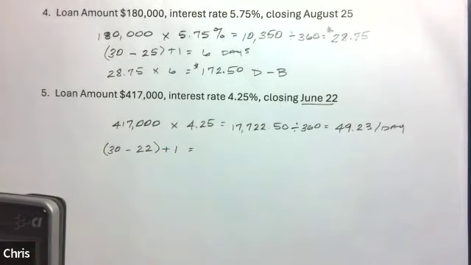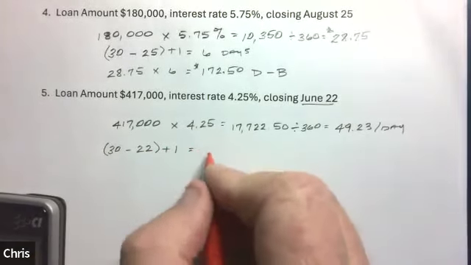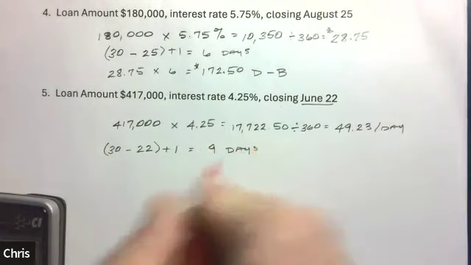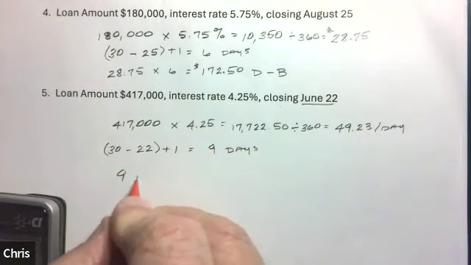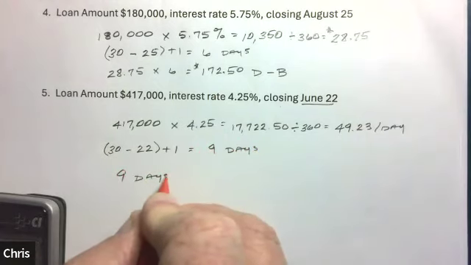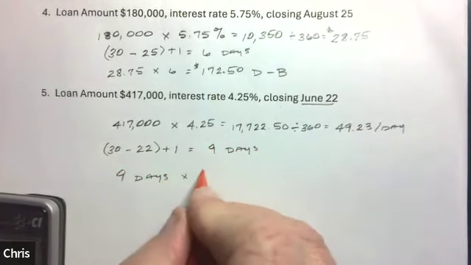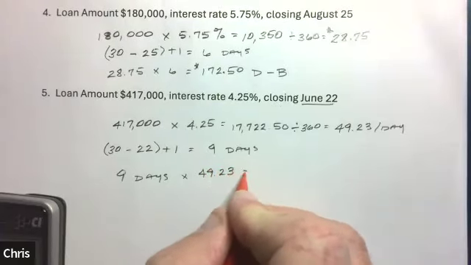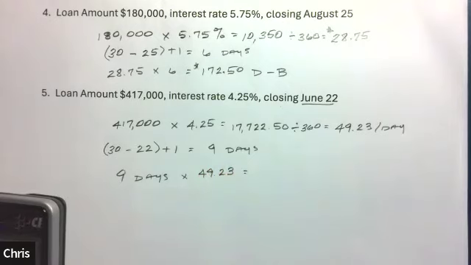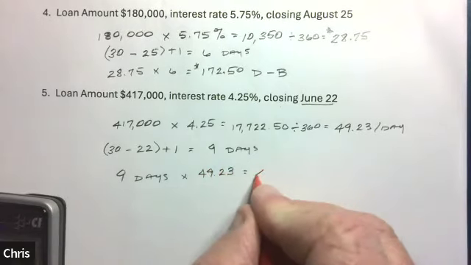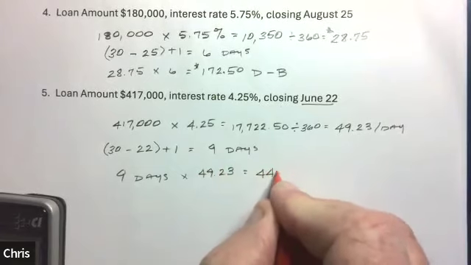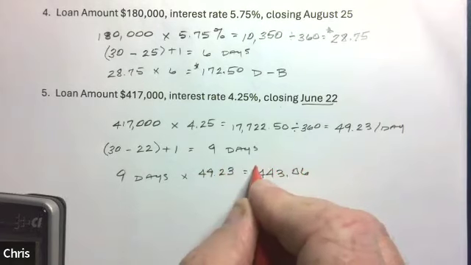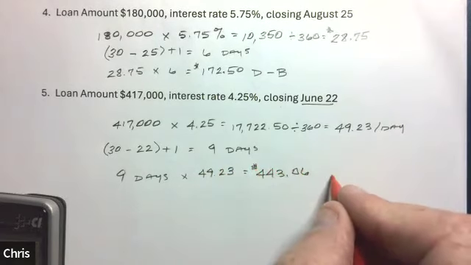So 30 minus 22 is 8 plus 1 is 9 days times $49.23 per day. Mr. Buyer, please bring $443.06 to cover the interim interest.